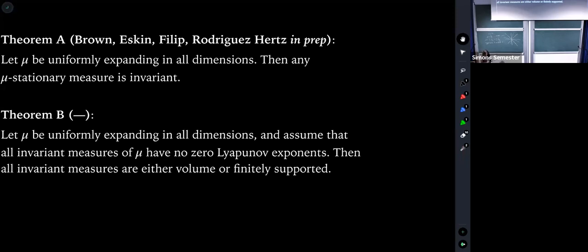The second thing is if we have the same condition, but also know that all Lyapunov exponents for all stationary measures, or all invariant measures because they're the same, are non-zero, then everything is either volume or finitely supported. So this is a very Ratner-like theorem. And in fact, it is very, very Ratner-like. For people familiar with Ratner's measure classification theorem, there should be intermediate cases in here.